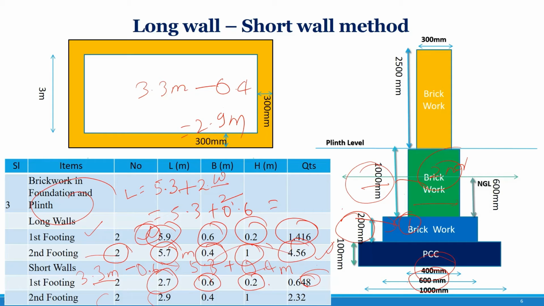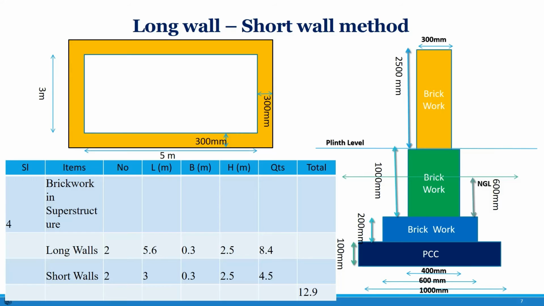After we sum up all of these quantities, 1.416, 4.56, 0.648, and 2.32, we get the total quantity.